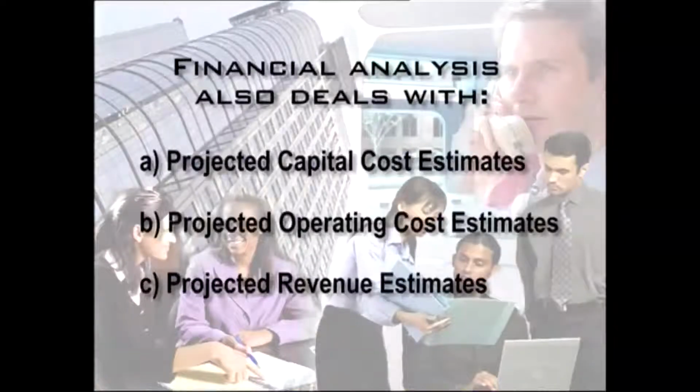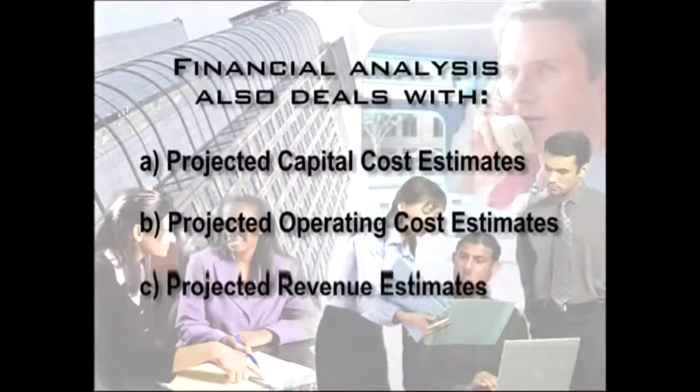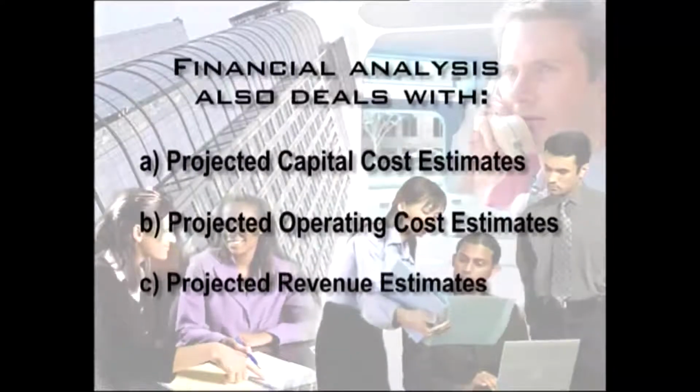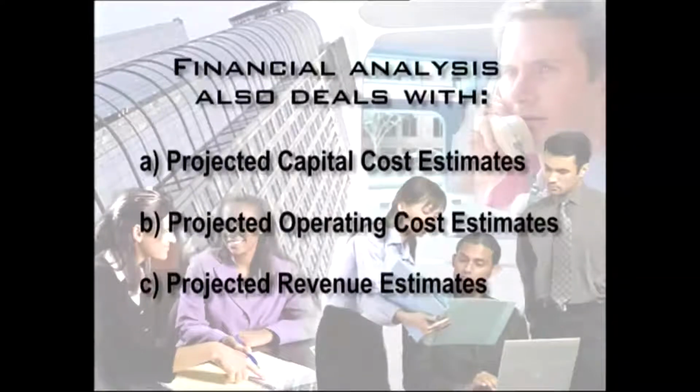Now, having said this, we move into the third item, which is important, the operating revenue estimates. You will have to be able to balance the operating cost estimates with the revenue estimates. So the revenue forecasting will depend for its accuracy on the correct assessment of the project demand potential. That's very important. The forecasting becomes a very important exercise, and the anticipated sale price of the goods or services which you are going to produce.